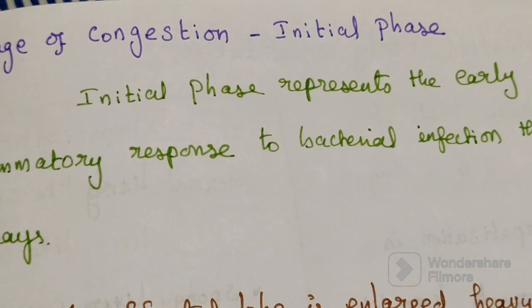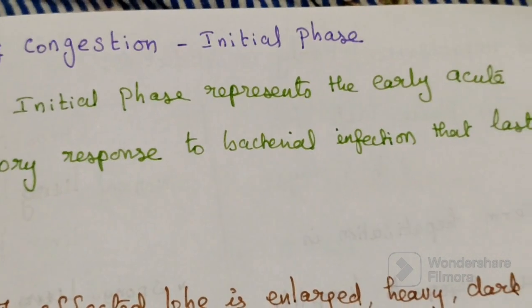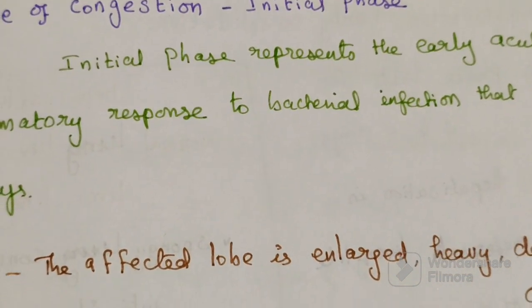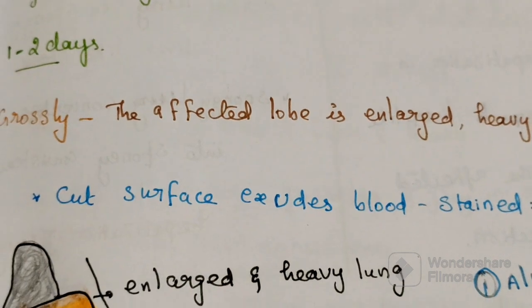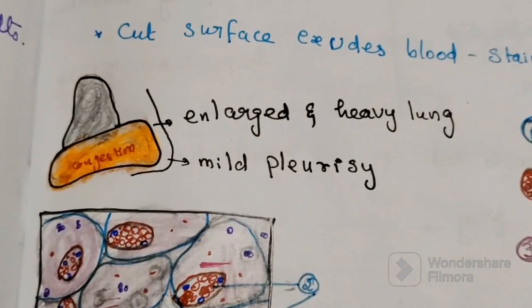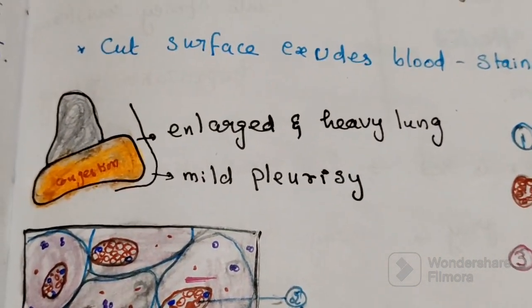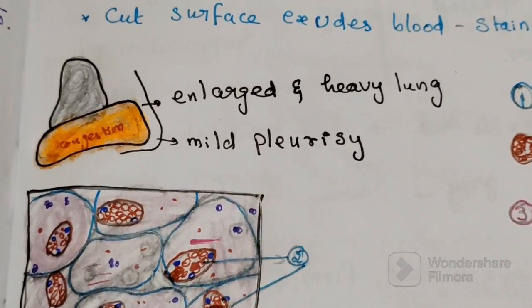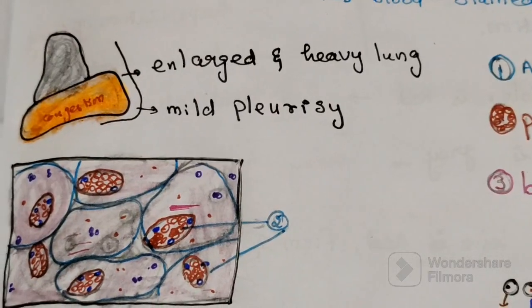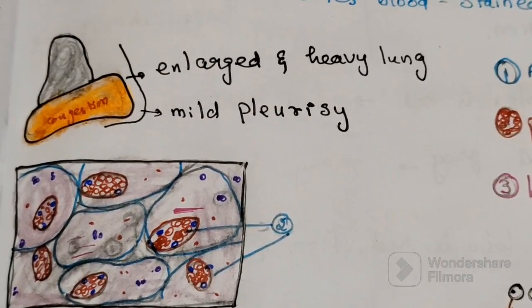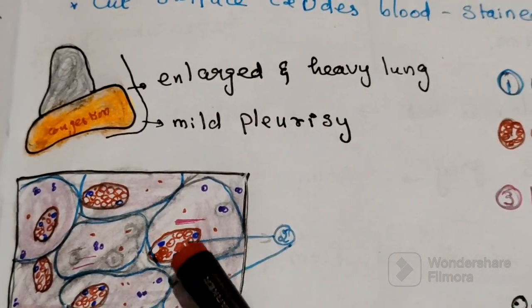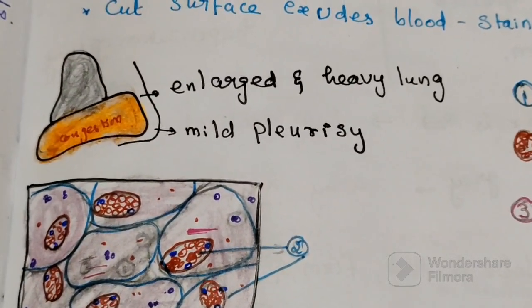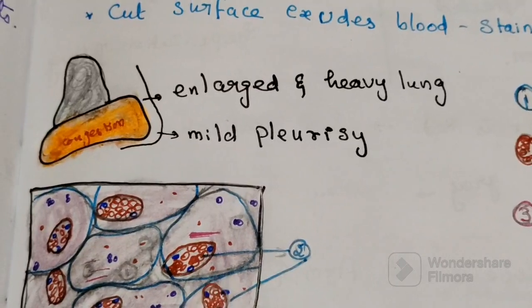Stage 1 lasts for the first 1 to 2 days. If you cut it and make a slide, this is the slide. This circular structure is the alveolar sac. Then these are the pulmonary capillaries.